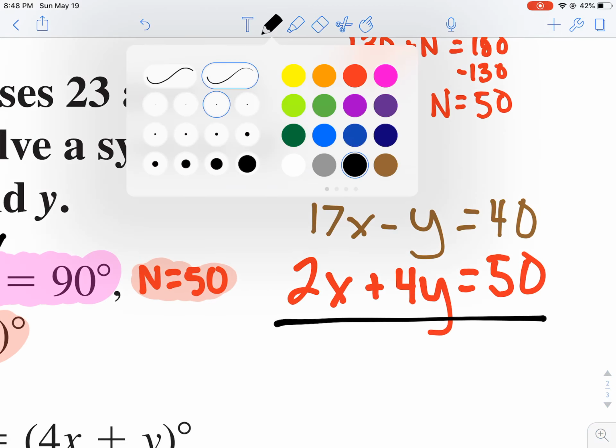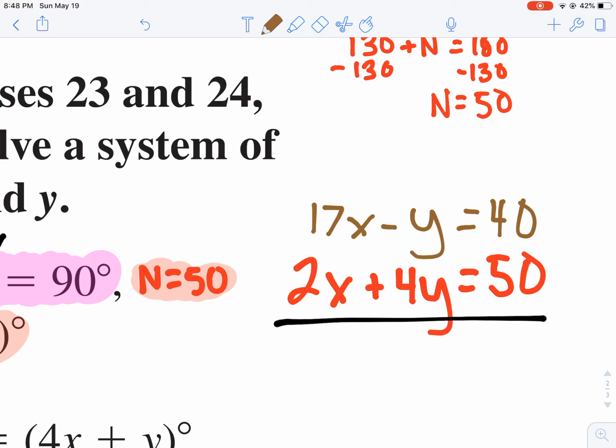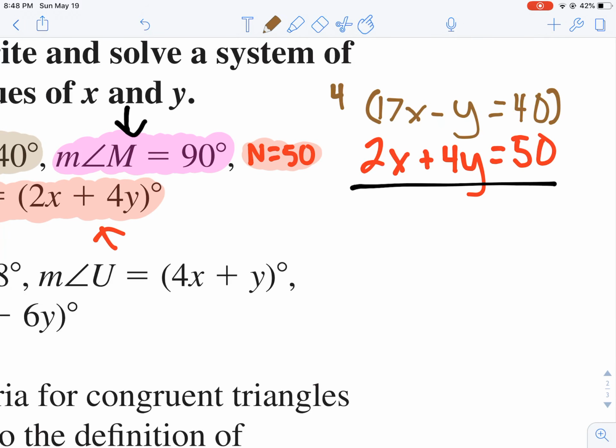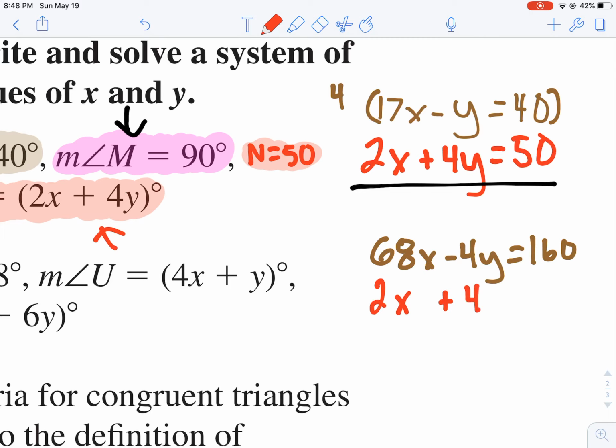So in order to do that, I'm going to multiply everything up here by 4. I'm going to rewrite my problem down here. 4 times 17x gives me 68x minus 4y equals 160. Then down below, I'm going to just rewrite my previous problem: 2x plus 4y equals 50.